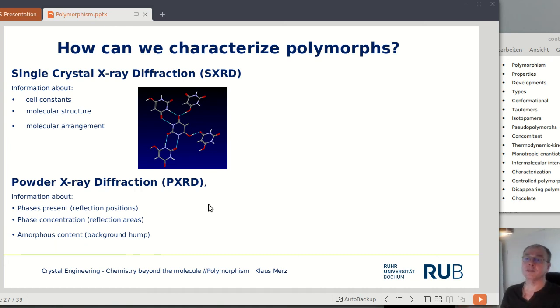So this is phase present. You will get it from the reflection positions. You can get the quantity, the concentration, a little bit, depending on the reflection area. And you can get information, for example, if there are amorphous compounds present.